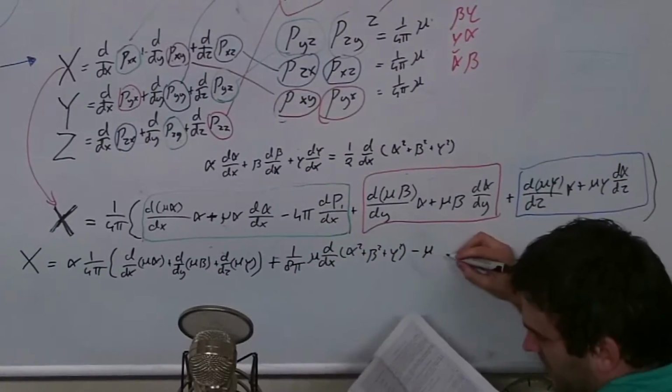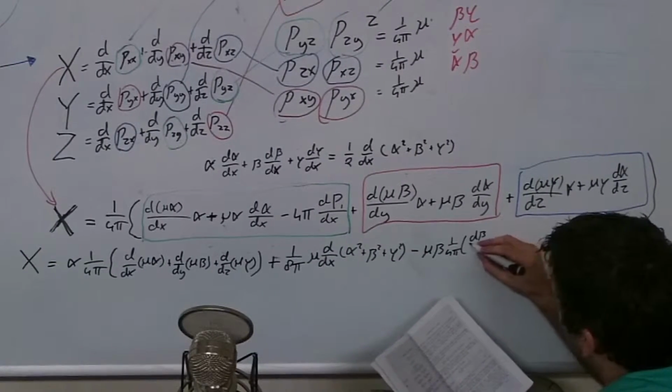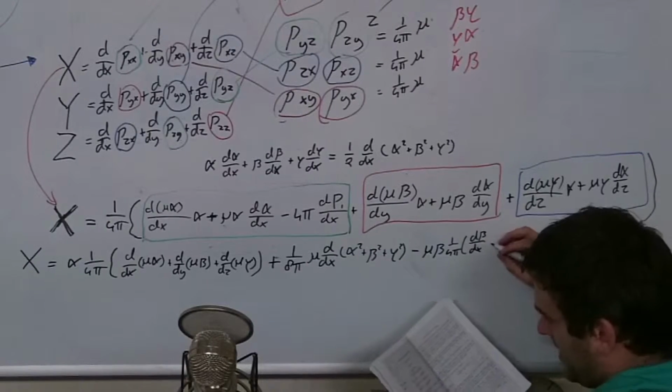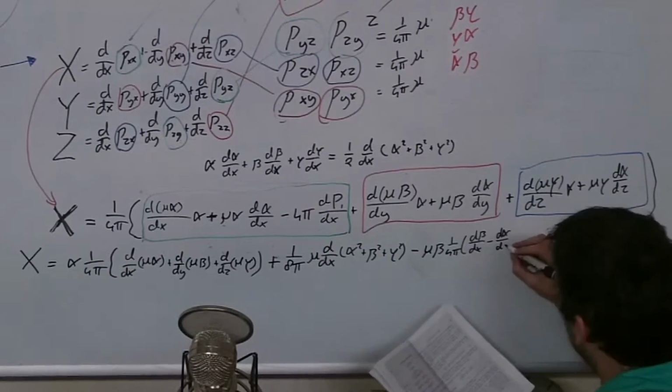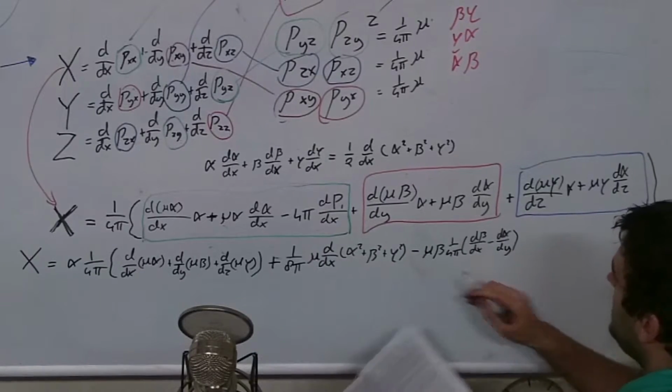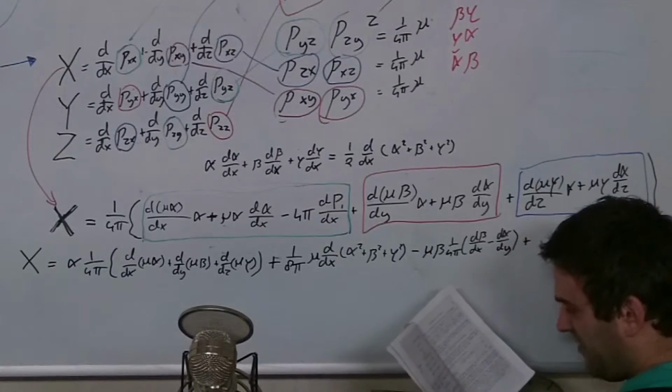Minus, again, mu times beta 1/4 pi d beta divided by dx minus d alpha divided by dy, I guess. Yeah, y. First, second, third. Now it's the fourth part, plus, and I think we're gonna make it.